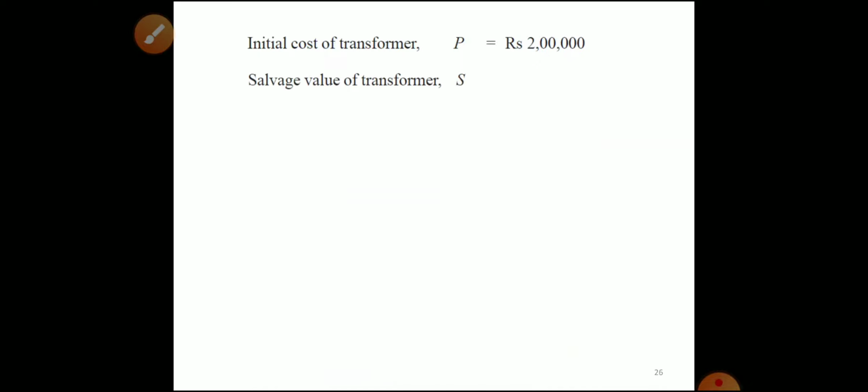So what are the given terms? Initial cost of the transformer is P equal to 2 lakh rupees. Next, salvage value of the transformer, that is 10,000 rupees. Useful life of the transformer is 20 years.